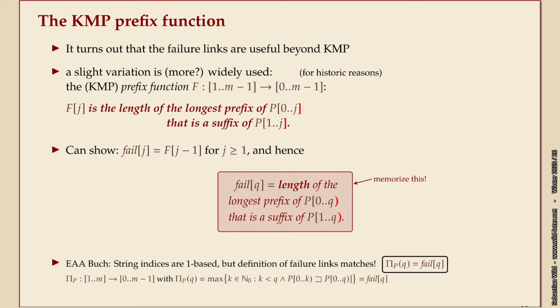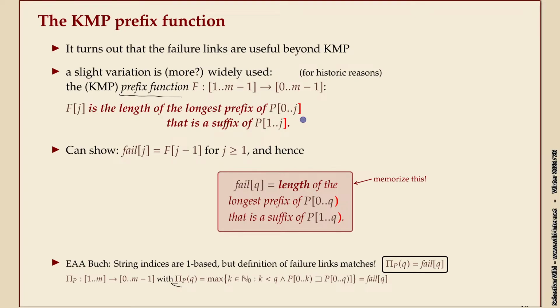For historic reasons, there's a different notation that's widely used called the prefix function with slightly shifted indices. I think by and large for this module, I'm not sure if this occurs. It might occur in some of the textbooks that I cited on the website. So maybe just keep in mind that these failure links that we computed in KMP are intimately related to some other function called the prefix function or the pi function, which occurs in some other texts that describe this in slightly different words, but it's the same thing up to maybe a shift by -1.